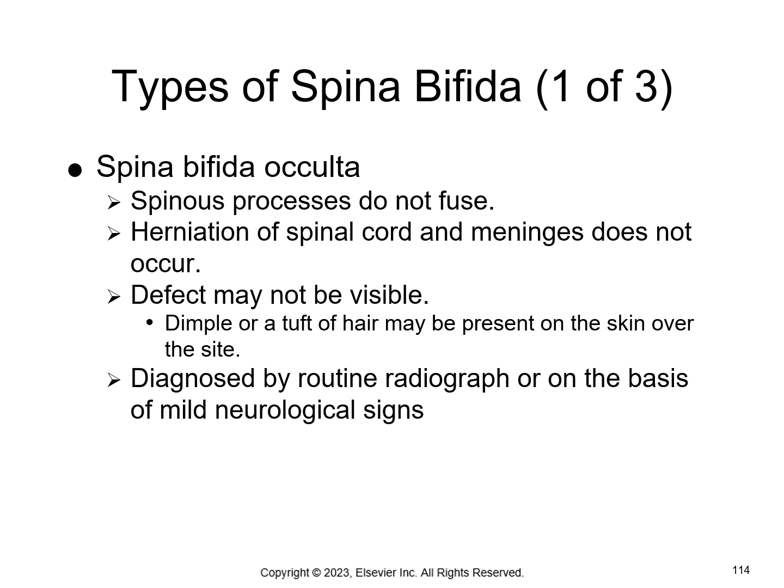There's three types, and there's a picture on 367 that shows the three different types. So spina bifida occulta is when the spinous processes don't fuse, but herniation of the spinal cord and meninges does not occur. It's usually not visible, but you'll see something like a dimple or a tuft of hair on the skin over the site. It's diagnosed by x-rays or when there's mild neurologic signs from the tension on the spinal cord during growth spurts.